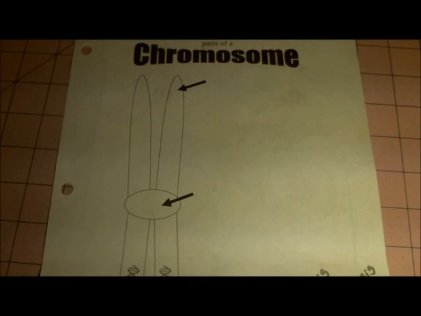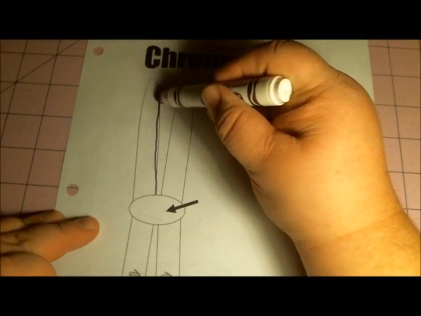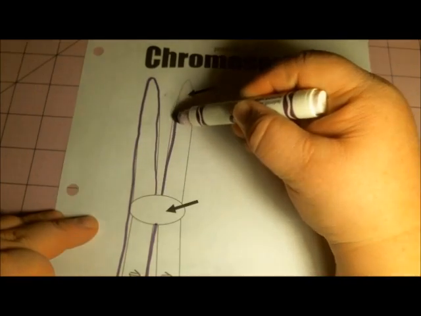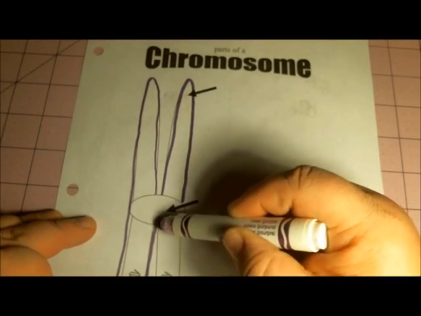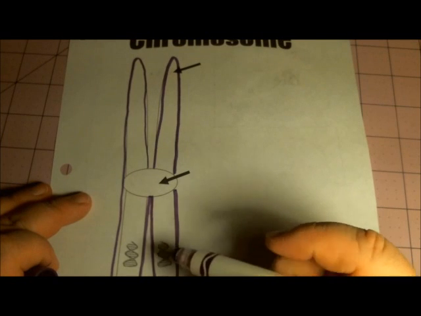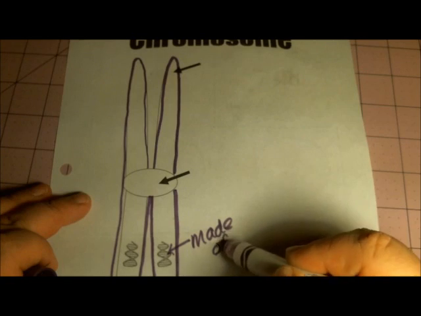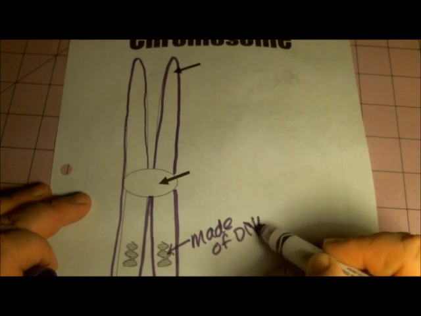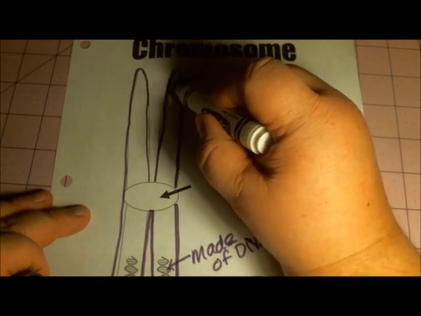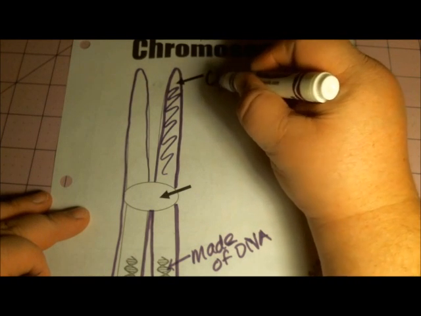And it doesn't matter what colors you're using for the back, each side of the chromosome, each side of the X. So this whole side here, and this whole side here, each side is an exact identical copy of DNA, because they're made of DNA. And we call each identical copy, so this is identical to that, we call each one a chromatid.